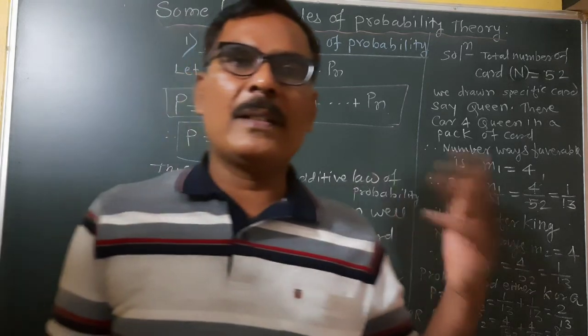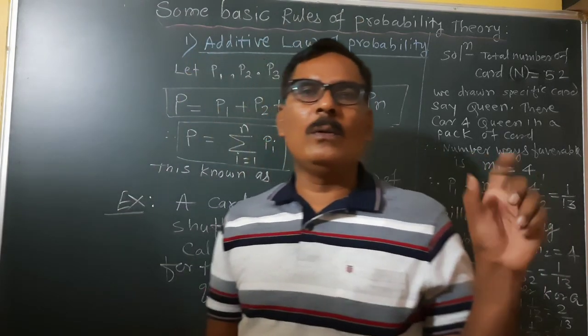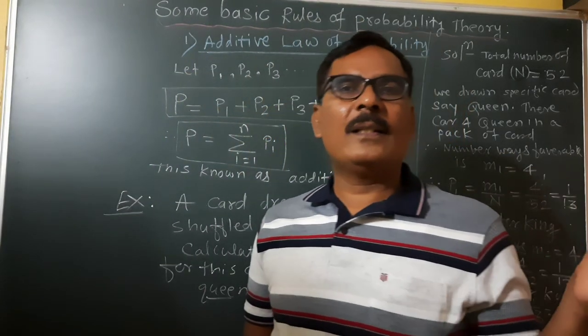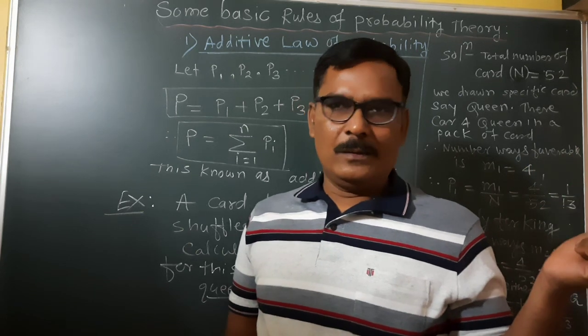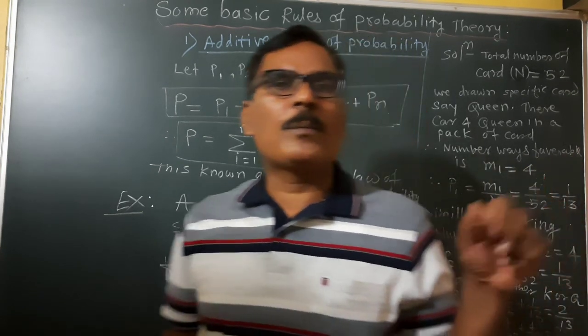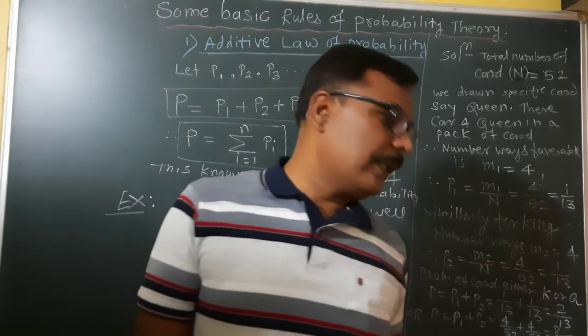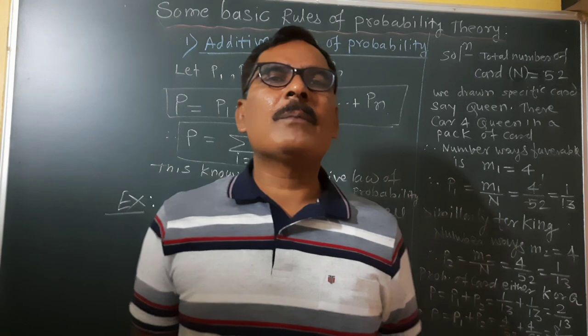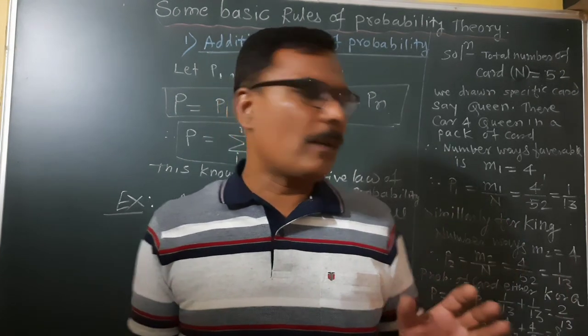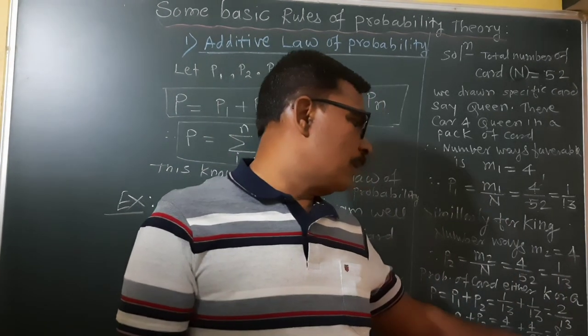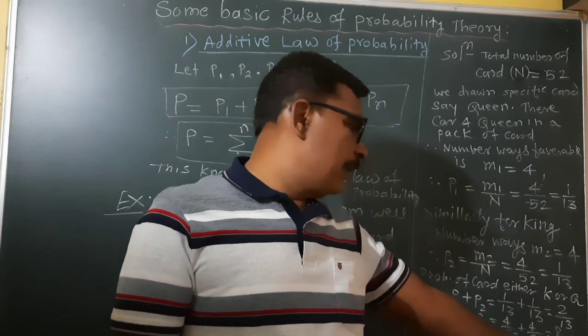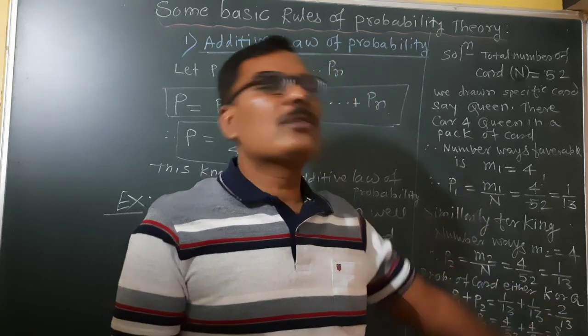It may be of another type, either queen or king, either king or ace, or queen. What is the probability? Again we get the same answer, that is 2 by 13 or 8 by 52. Sometimes in multiple choice problems an option is 8 by 52, which we divide to get 2 by 13.